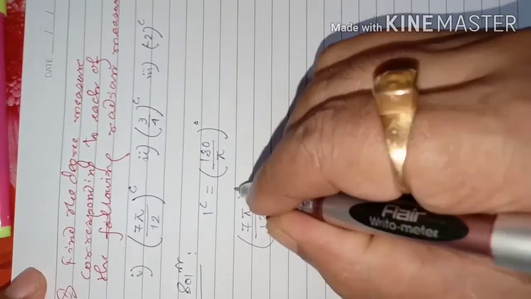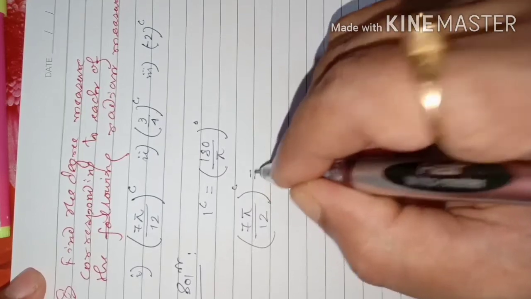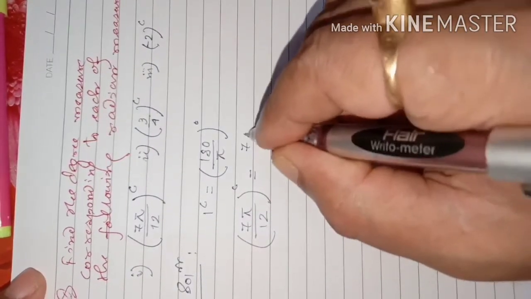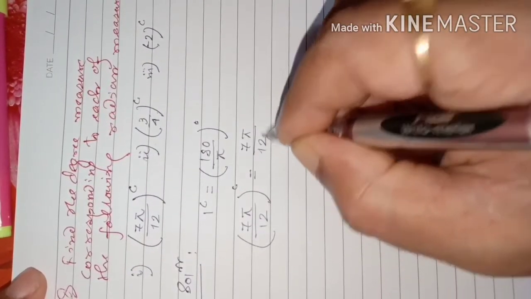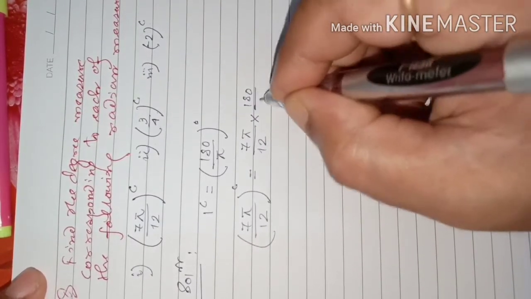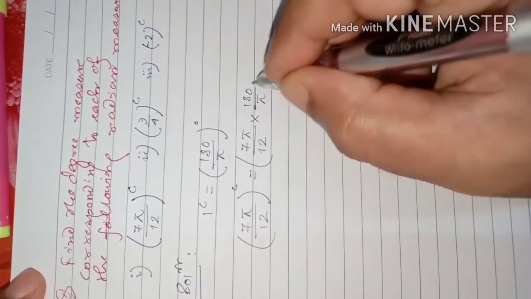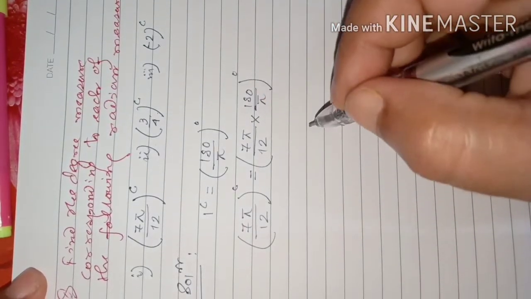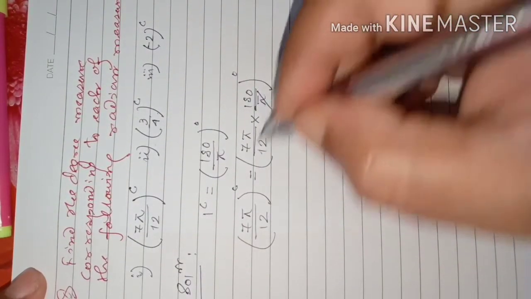Now our question is 7 pi by 12 radian. When we write it in degree, we should multiply 7 pi by 12 by 180 by pi. Then it will become degree. Pi will get cancelled from numerator and denominator.